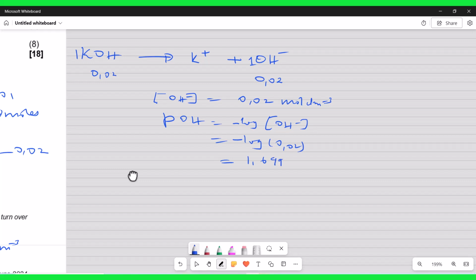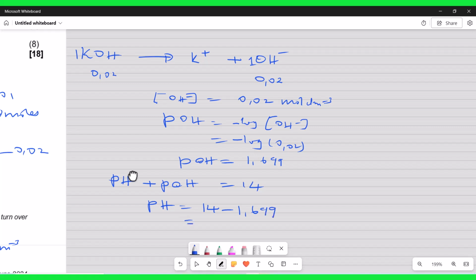Now, because I'm looking for the pH and I have the pOH, what do I know? I know pH plus pOH gives me 14. So my pH therefore equals 14 minus 1,699.